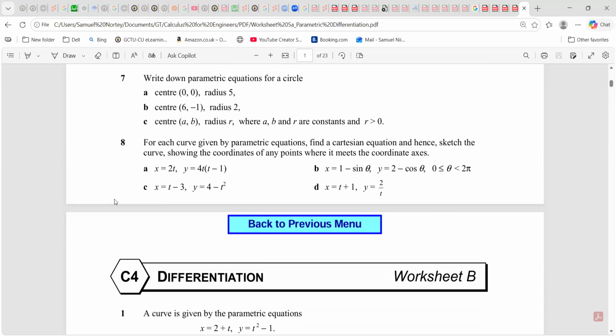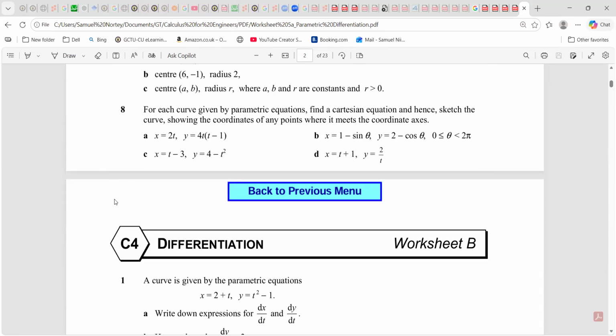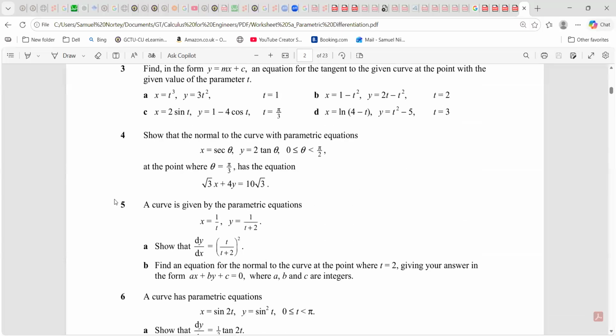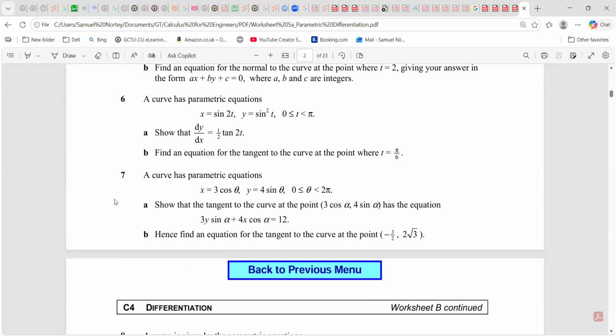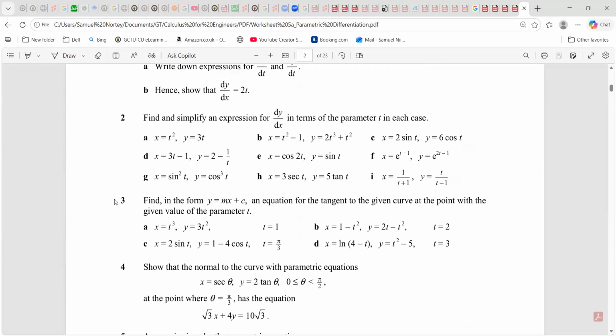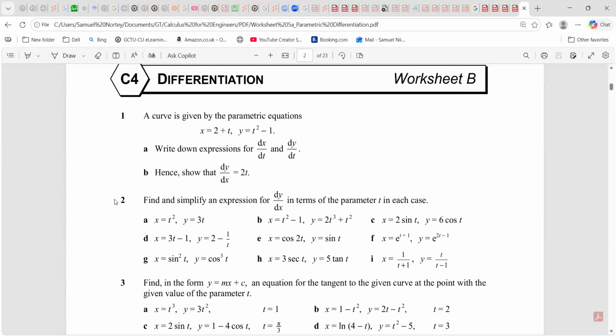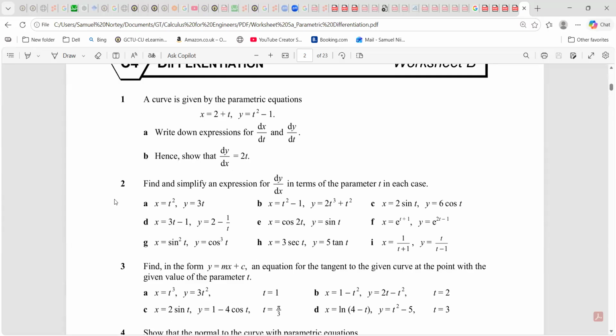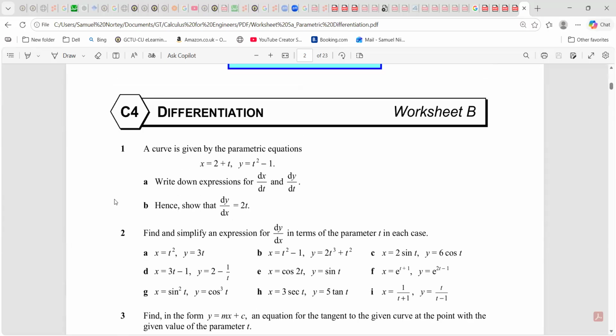The first one is 8. The second example is also 7. I'll recommend that for each session, maybe take 2 or 3 from each and try to find either the plotted points, or, in this one, you are asked to differentiate.